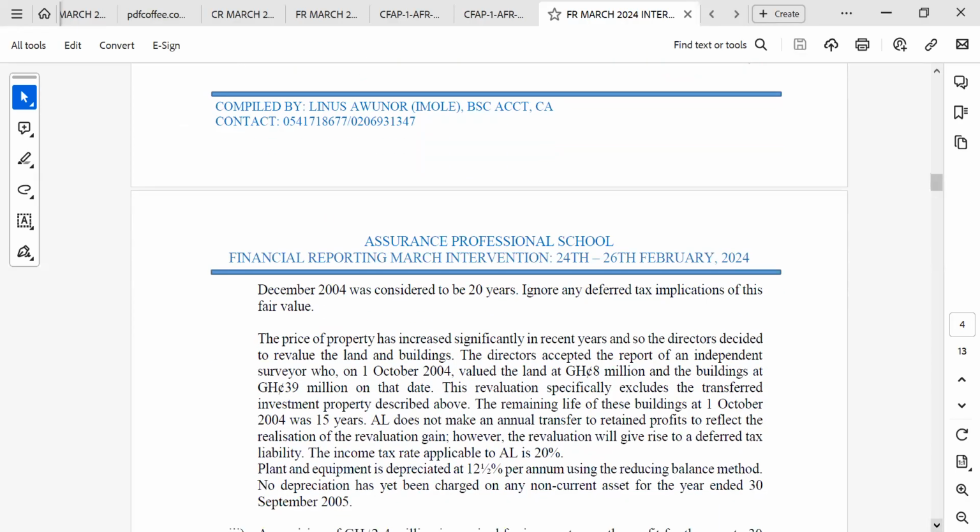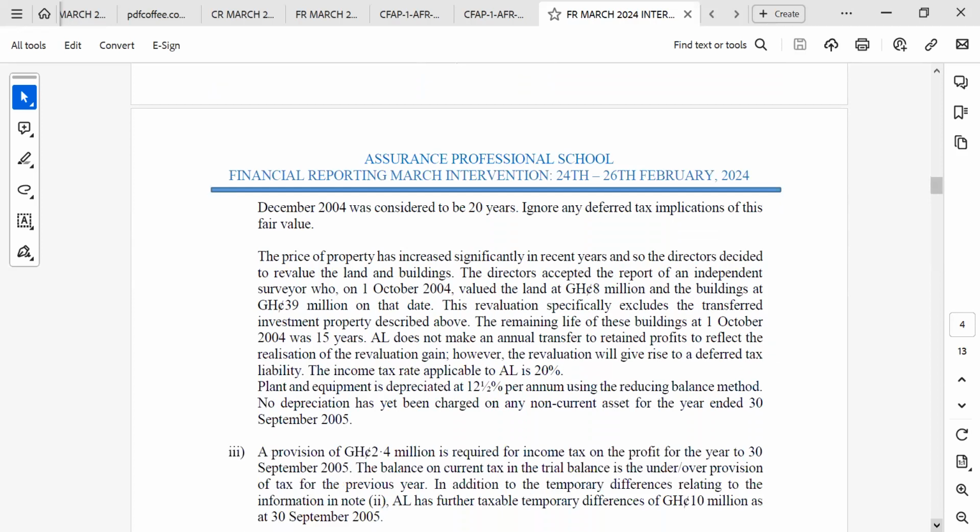Let's take the second part. The price of property has increased significantly in recent years, and so the directors decided to revalue the land and buildings.